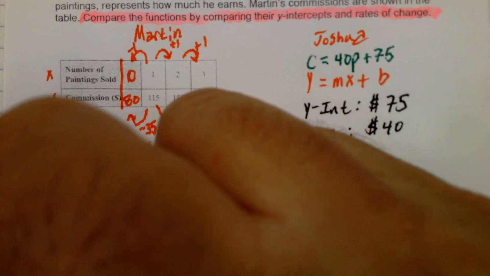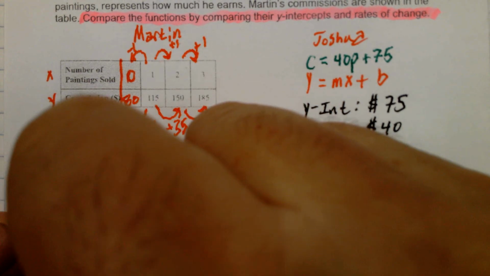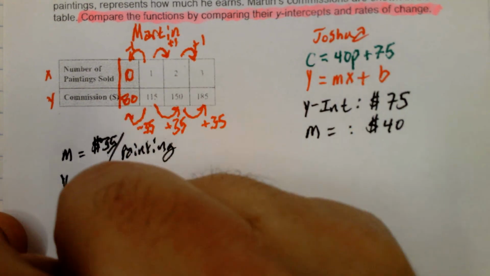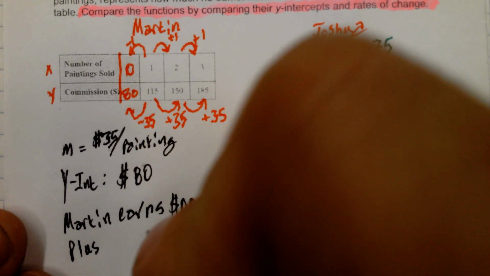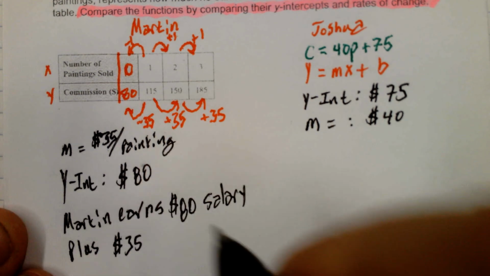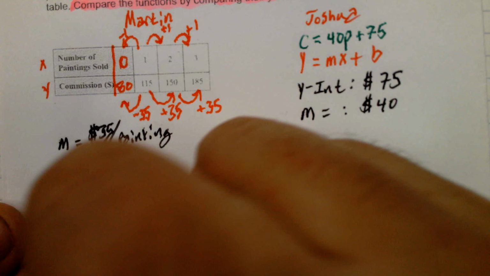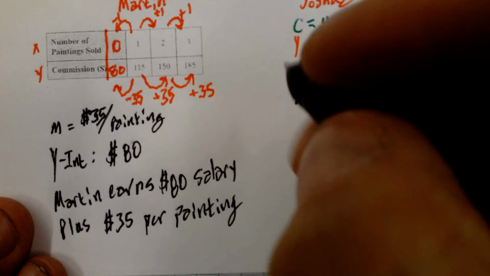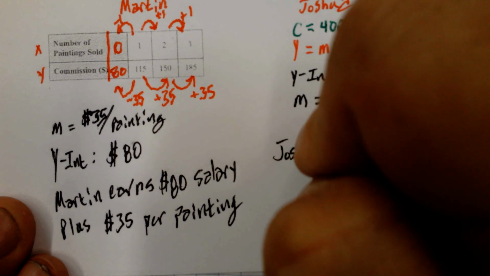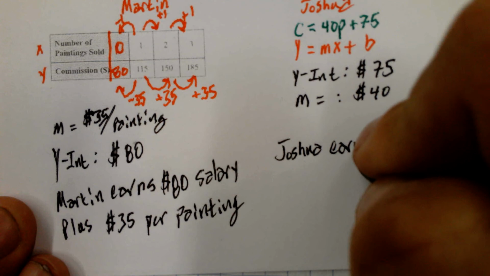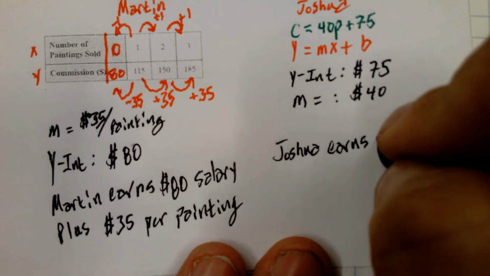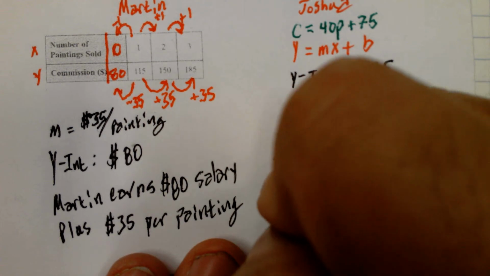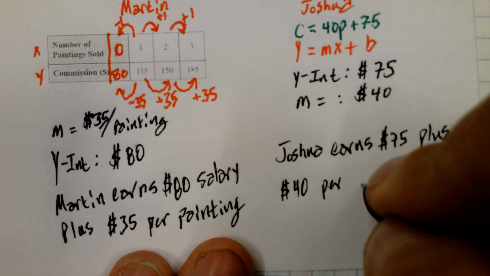Martin earns $80 salary plus $35 per painting. Joshua earns $75 plus $40 per painting.